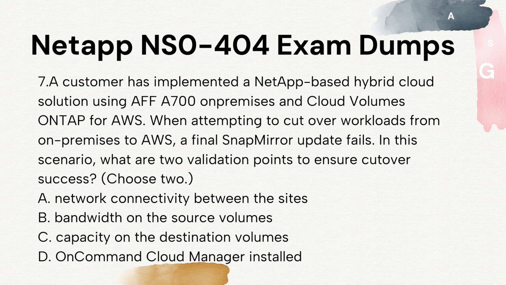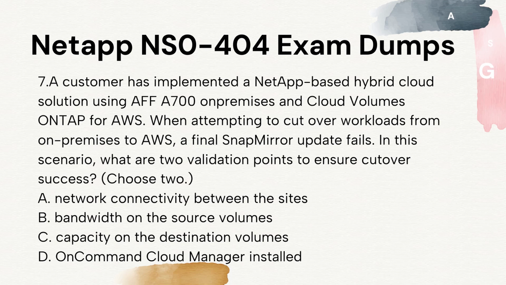7. A customer has implemented a NetApp-based hybrid cloud solution using a FAS 700 on-premises and Cloud Volumes ONTAP for AWS. When attempting to cut over workloads from on-premises to AWS, a final SnapMirror update fails.